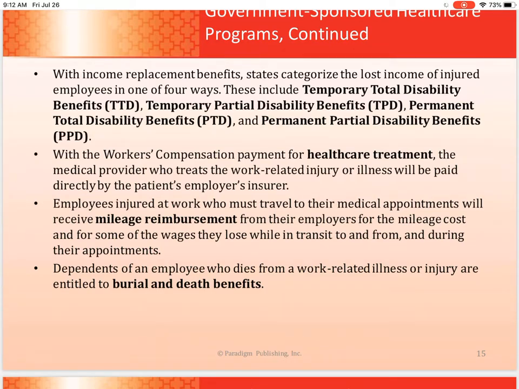A surviving spouse, minor children, or other dependents of the deceased employee may be eligible to receive benefits. Death benefits are typically 75% of the employee's average weekly wages. Burial benefits may be paid to the person who paid for the deceased employee's burial expenses.